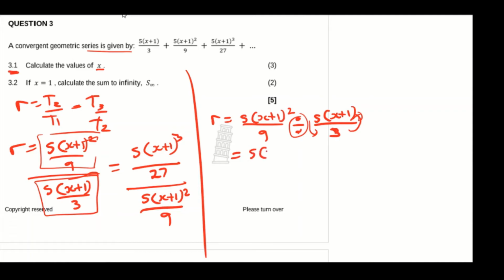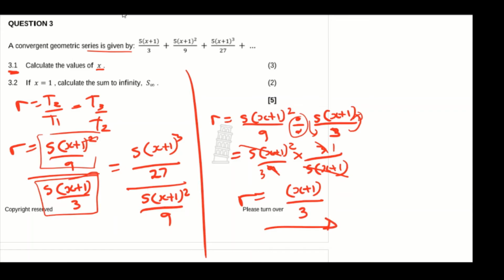So you have 5 into (x+1) squared over 9 times 3 over 5 into (x+1). So this will go away with this and will remain with only x+1, and then this goes away, remains with 1, and here will remain with 3. So it's (x+1) over 3. So this is our common ratio. You can confirm that by testing this side as well, to confirm that this answer is actually correct.